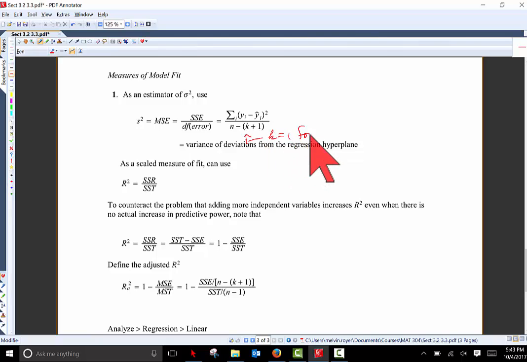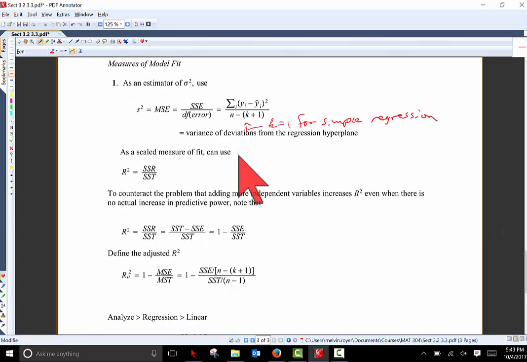K equals 1 for simple regression. And so before, downstairs, there was an n minus 2. So minor change, but the form is the same. And it still tells the same thing. It's the variance of the deviations. And of course, you want that to be as small as possible.